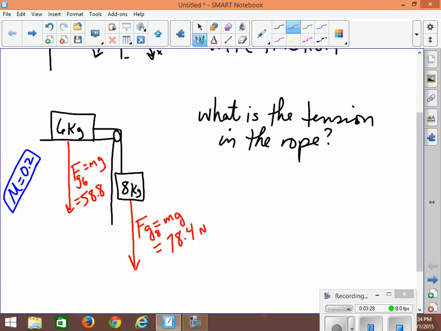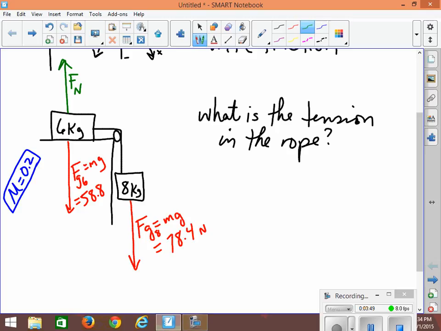Then we have to acknowledge that there must be a normal force pushing upwards from the 6 kilogram block. We can tell by looking at it it's probably going to equal the gravity force down, but let's go through the whole solution and work everything out with the numbers so we don't make any assumptions.